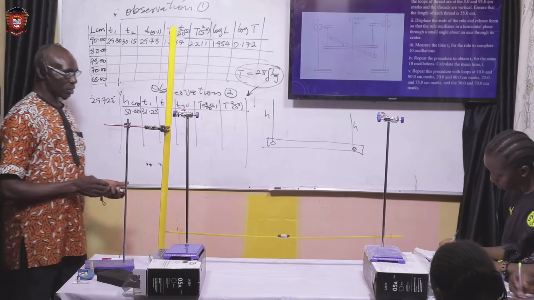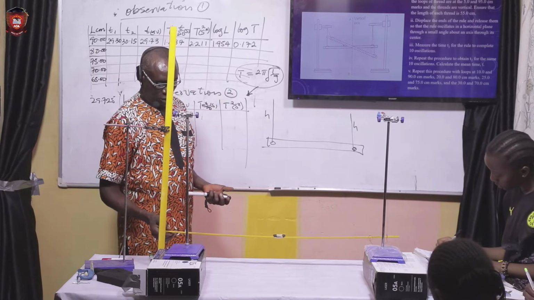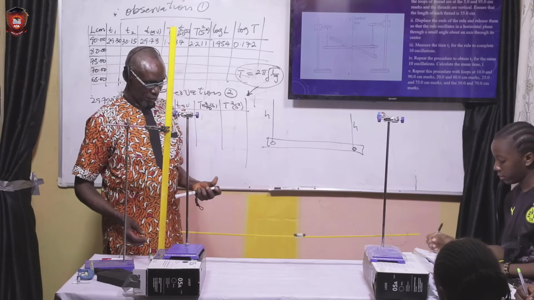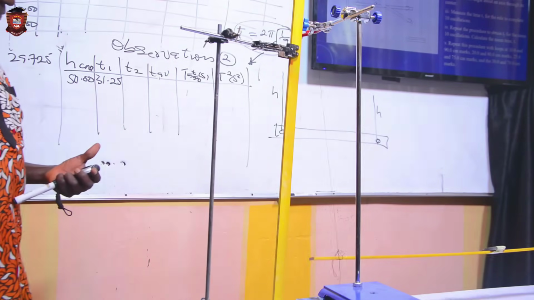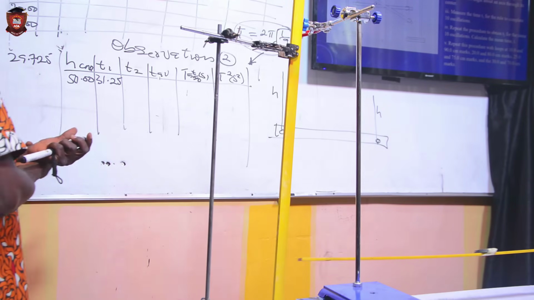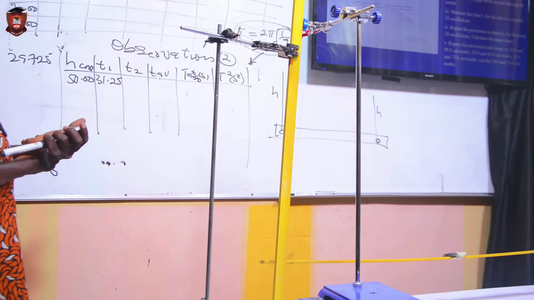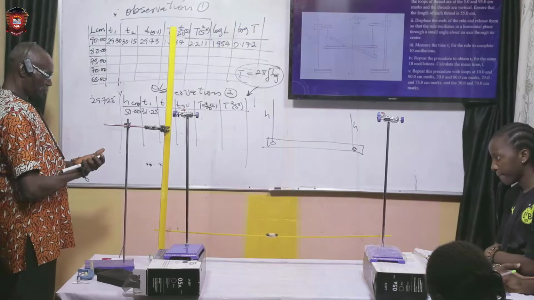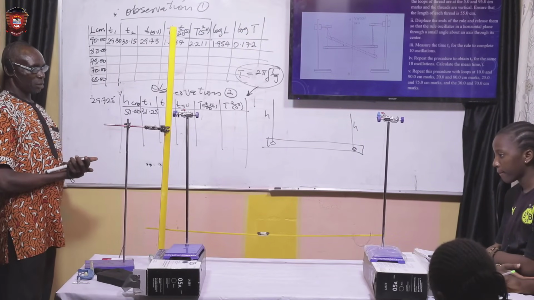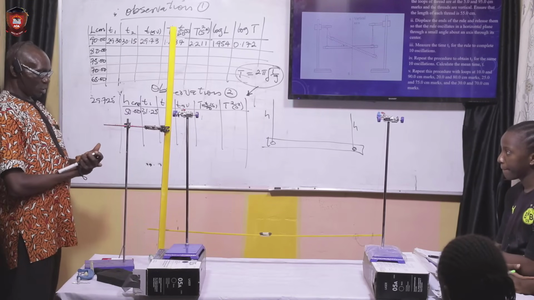And then I'll repeat the same experiment. I'll stop it again for the same 50. Displace through the same angle. 2, 3, 4, 5, 6, 7, 8, 9, 10, 11, 12, 13, 14, 15, 16, 17, 18, 19, 20.